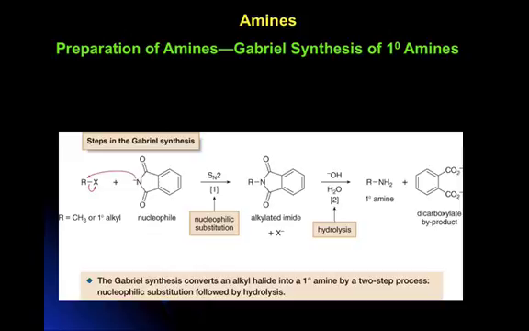And it stops there. Why doesn't it react a second time? Nitrogen still has a lone pair on it. Maggie, why do you suppose that the product that we get here doesn't continue to react with the alkyl halide to put another carbon group here? There's a lone pair on that nitrogen, but why doesn't it react?